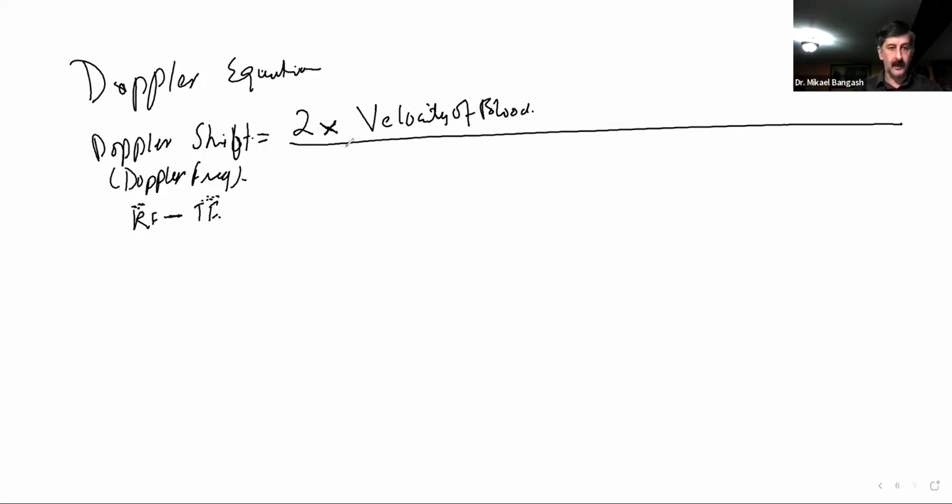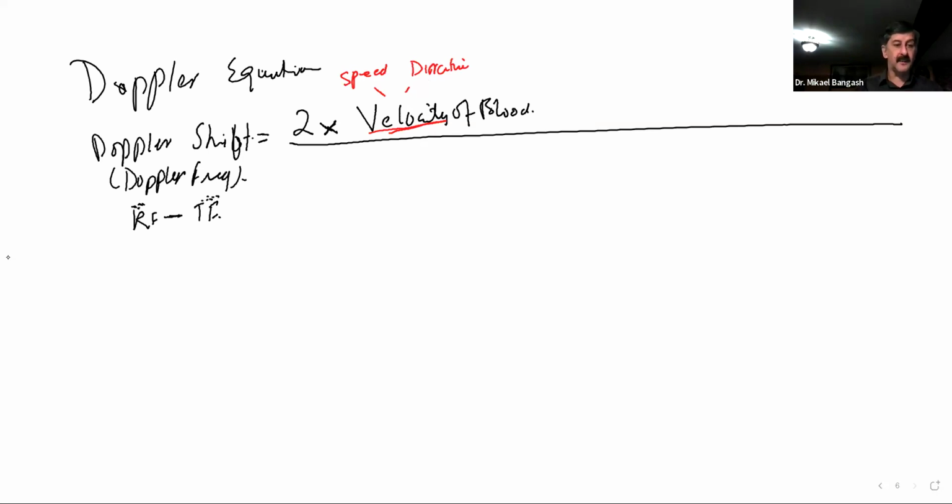As we already said, velocity depends on two factors. The first is the speed. The second is the direction. What did we refer to the direction as? Towards or away from the transducer.